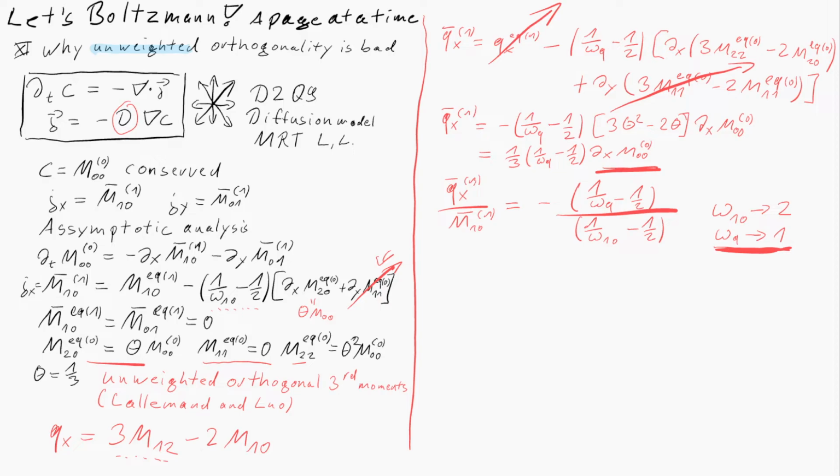Now if we do this, you see that if omega 1, 0 goes close to 2, then this guy here goes near to 0. And what we see then is that under these conditions, M1, 0, 1 is going to infinity, and this is, of course, not good.